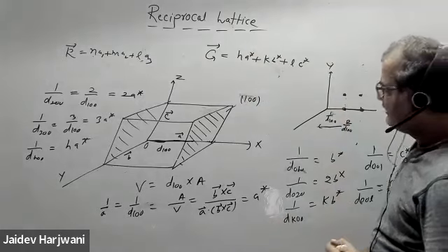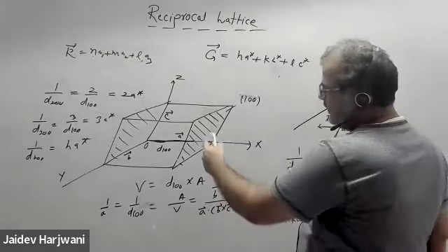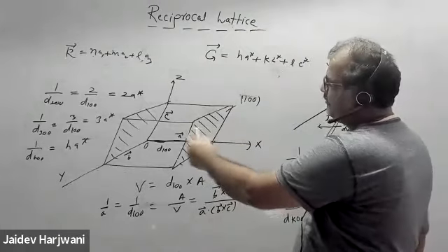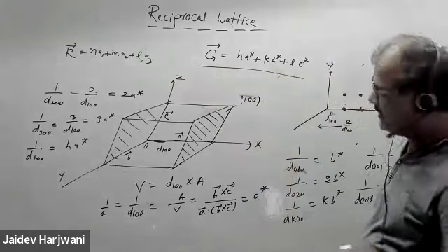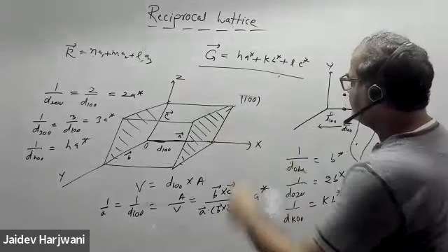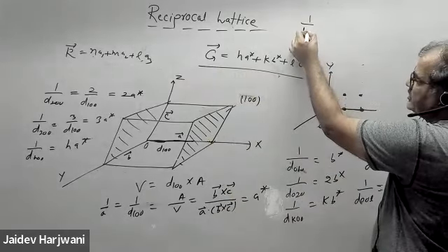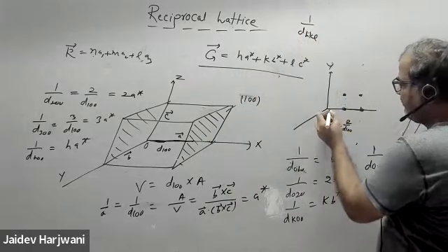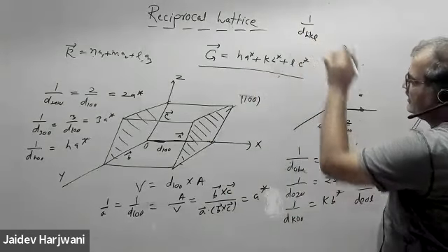Okay, and the direction of this vector is always perpendicular to the plane hkl. Okay, and its magnitude is equal to 1 upon dhkl. Okay, so suppose this is my reciprocal lattice vector. Its magnitude will be what? 1 by dhkl.